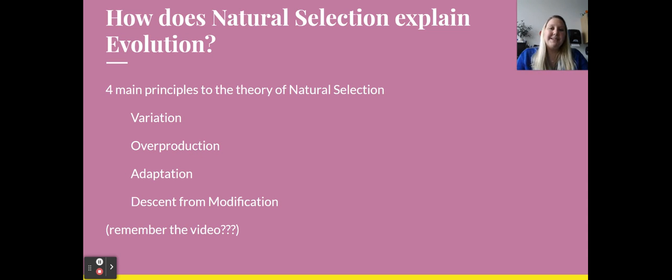Natural selection can be explained through evolution using 4 principles that Darwin came up with. Now, if you remember, in The Origin of Species he never called it evolution. He always called it descent with modification. He did use the term natural selection in his book, and it had 4 principles. Variation: there must be a variety of traits within the population for natural selection to occur.